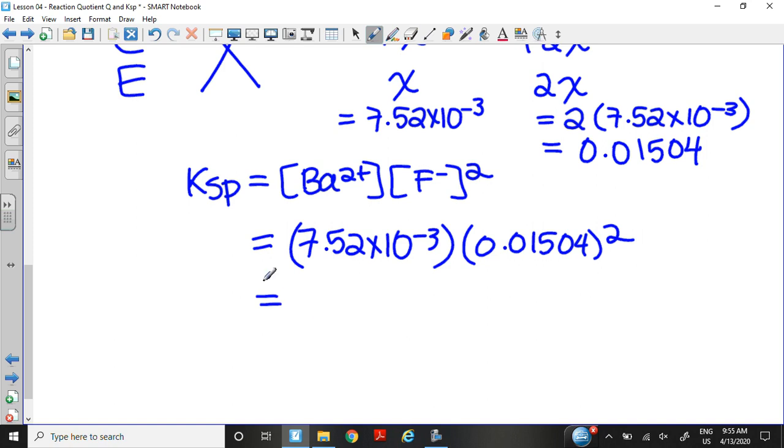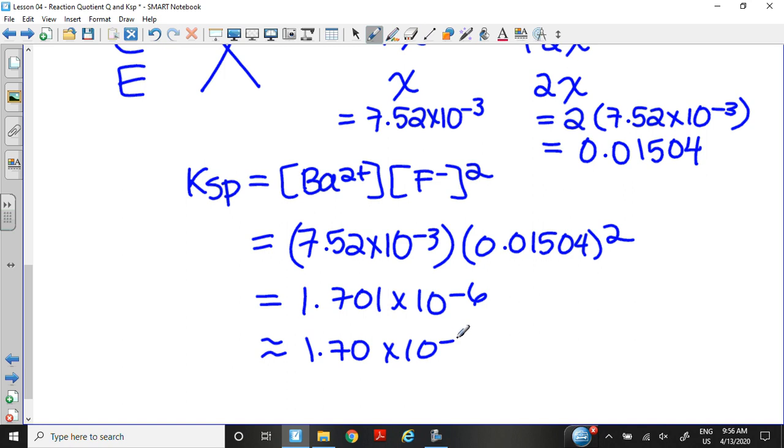And when we calculate, you should get something that looks like this. 1.701 times 10 to the negative 6. And then for this question, we need 3 significant digits, so just make sure that you round at the very end. And there you go, there's your KSP for barium fluoride for this question.